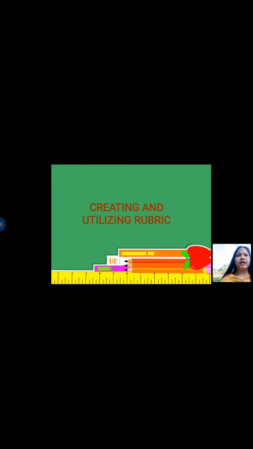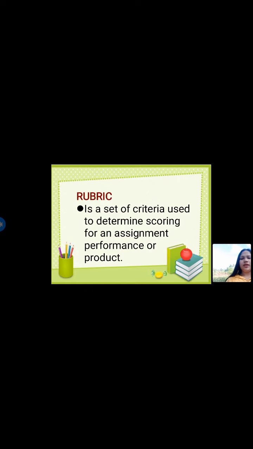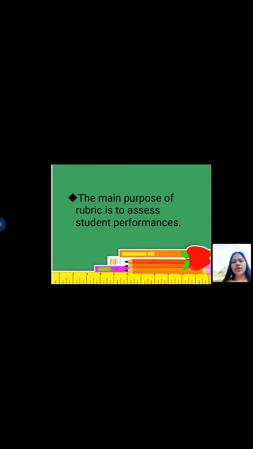So next is creating and utilizing rubrics. A rubric is a set of criteria used to determine scoring for an assignment, performance, or product. All of us know the rubric.